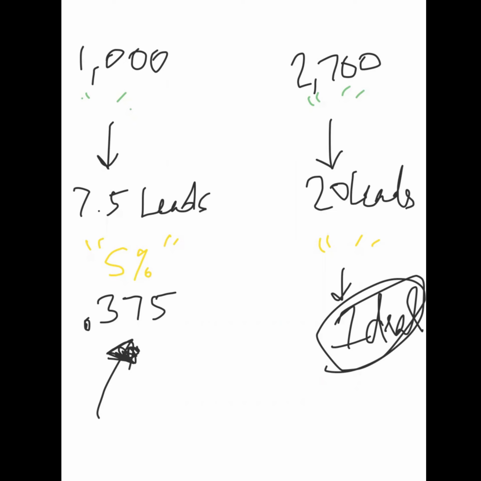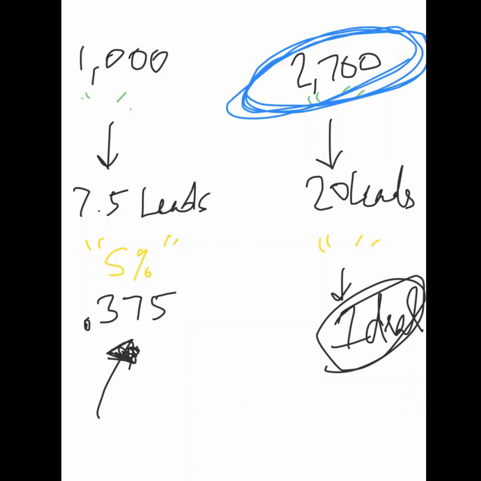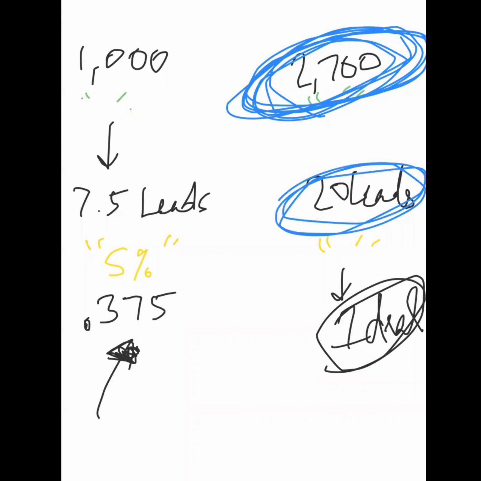Then what can we do? Because we now know that our new KPI is 2,700. So in your marketing, you want to say, how can I get 2,700 people to squeeze out 20 leads? If I squeeze out 20 leads and make offers to all 20, I know I'm going to get at least one deal.